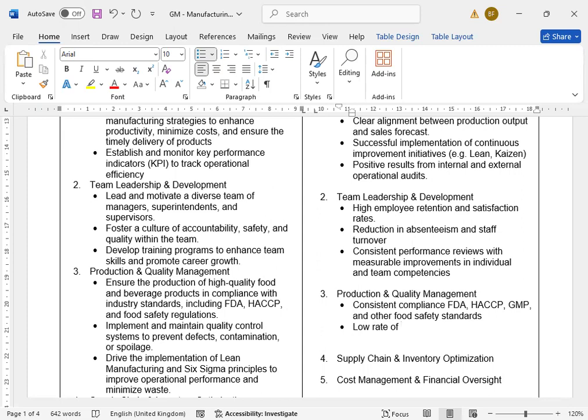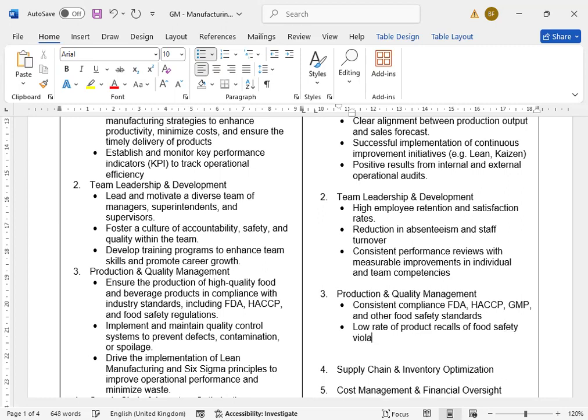I think that was 20-something tons of cheese being recalled from the market, already in the market, because of the contamination issue. So we have to avoid product recalls or food safety violations.